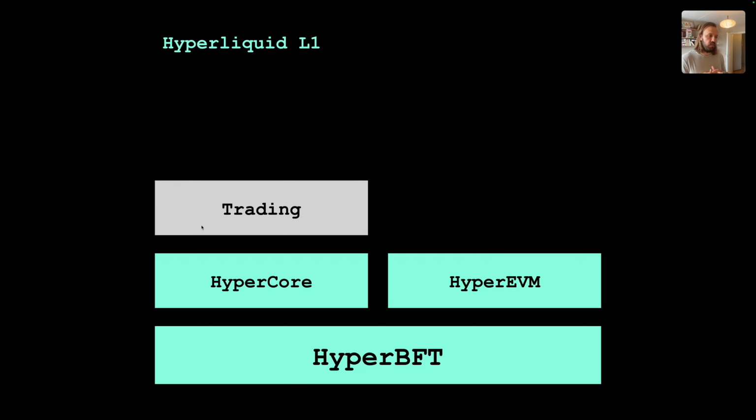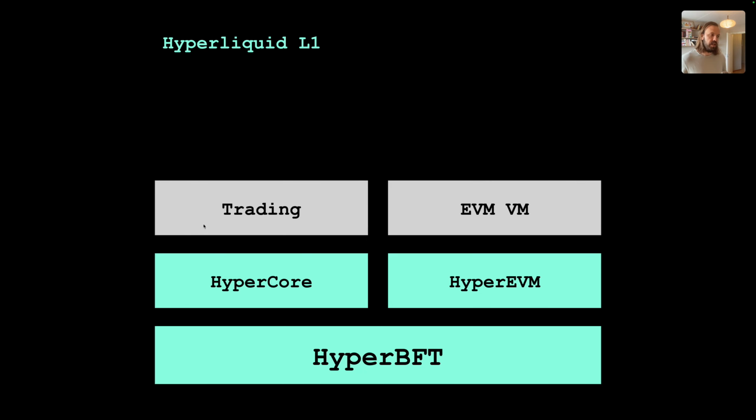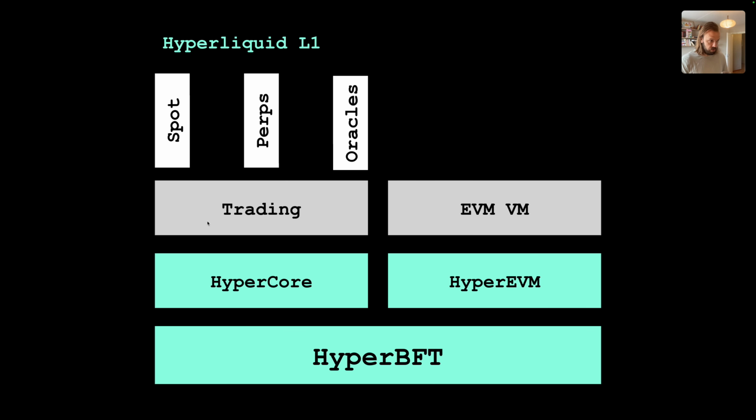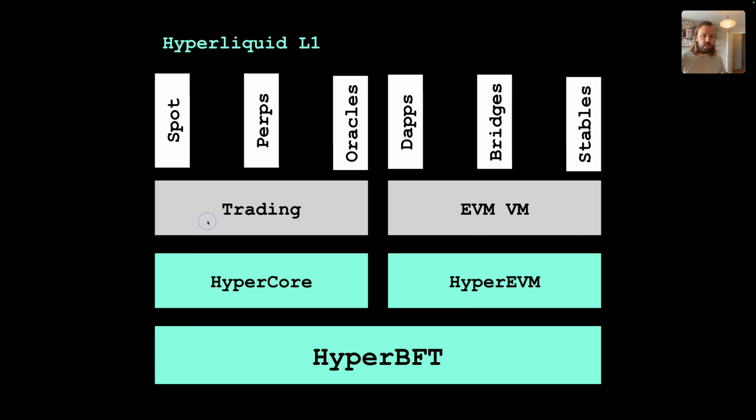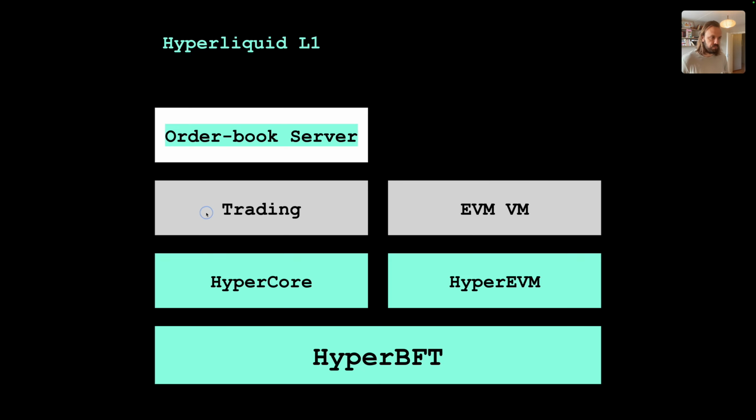So you can think of it like this. Hypercore is for the trading use cases, and HyperEVM is simply an EVM virtual machine. So within the trading use cases, you have your spots, perpetuals, and oracles. And on the EVM side, you have things like dApps, bridges, and stablecoins. So this is how you can separate them in your mind.